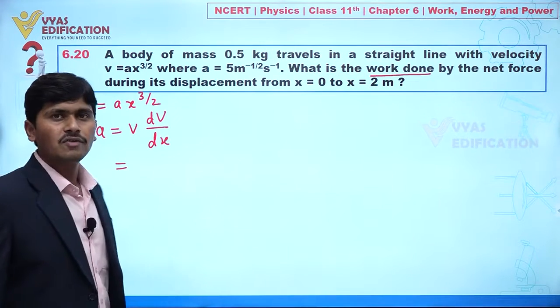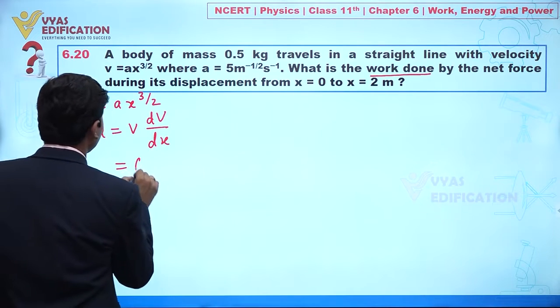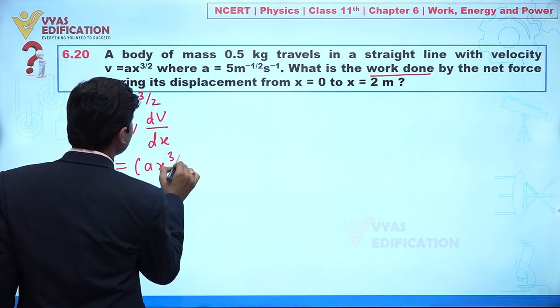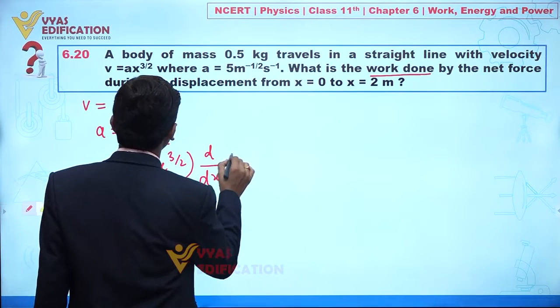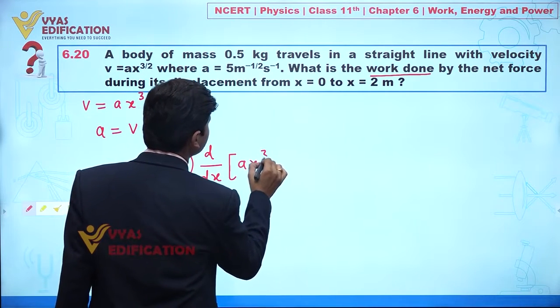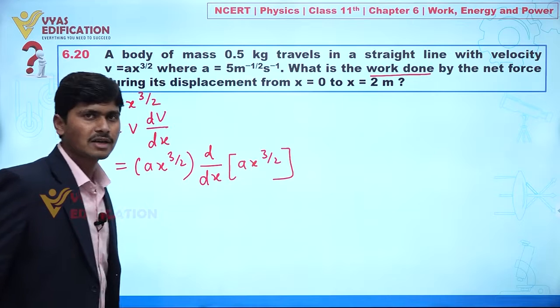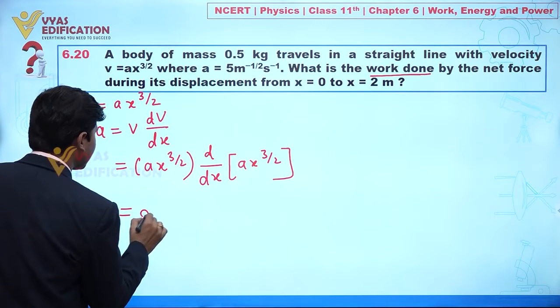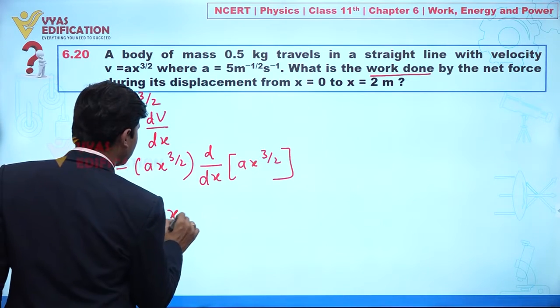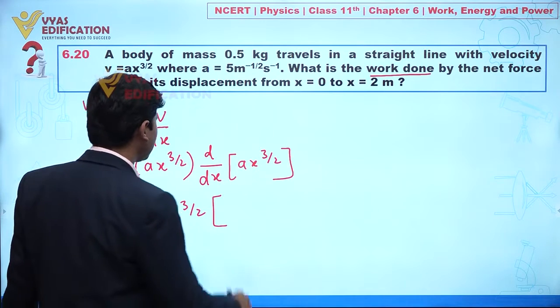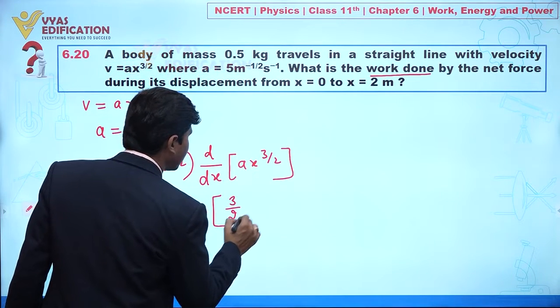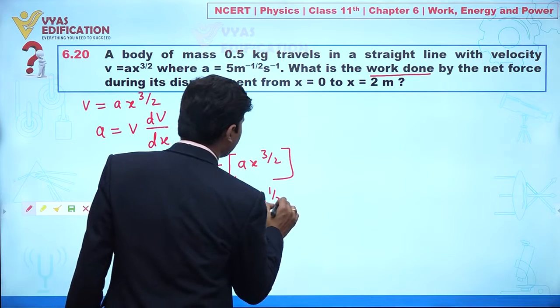Now velocity is given by a x to the power 3 by 2, and if I differentiate with respect to x, taking a common, we differentiate x to the power 3 by 2 with respect to x, which gives 3 by 2 x to the power half.